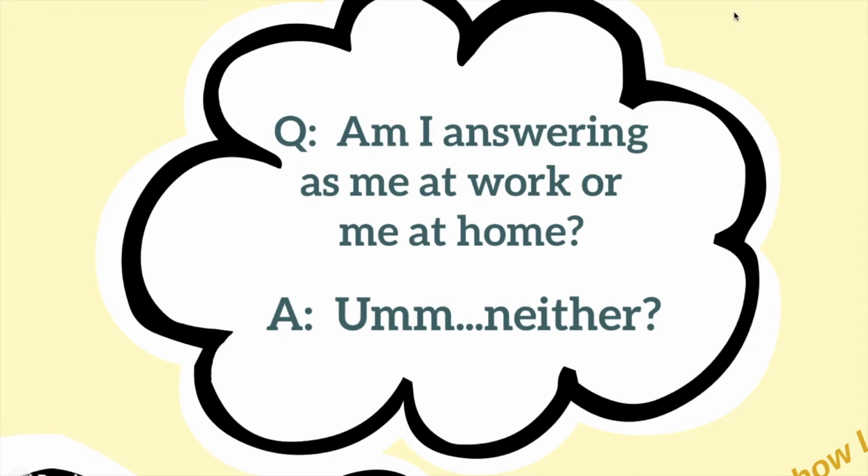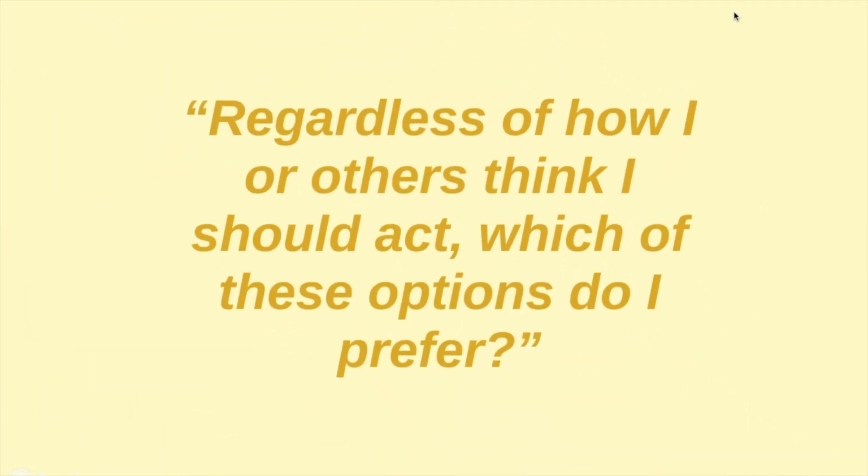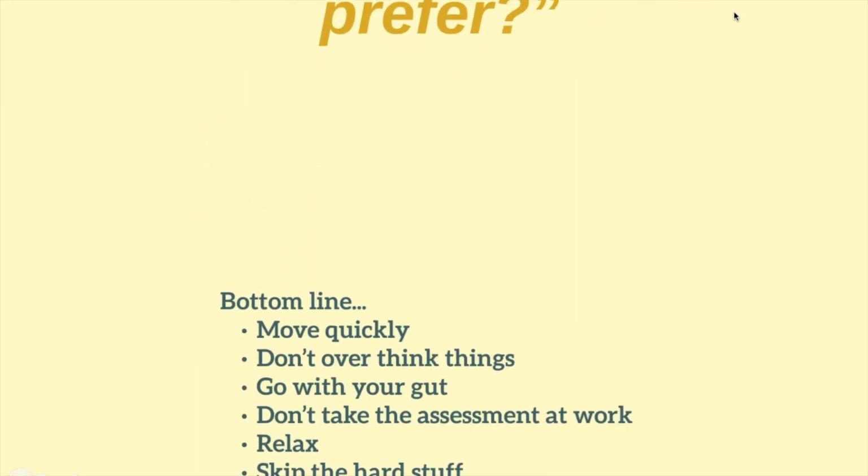And for each question on the assessment, just ask yourself, regardless of how I or others think I should act, which of these options do I prefer? Not which do I wish I could be or wish I could do, but if nobody was expecting anything of me, which of these comes most naturally and easily to me? Again, regardless of how others think you should act, which of those options do you actually prefer?